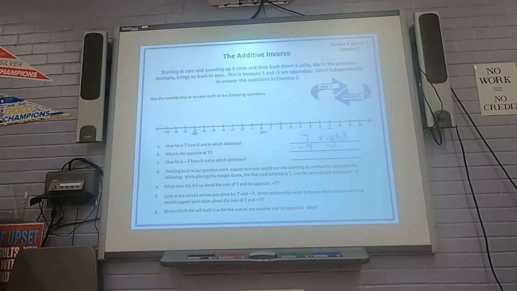Here's -7, here's 0. So how far is -7 from 0? 1, 2, 3, 4, 5, 6. It's 7 from 0. And in what direction? So if I went to 0, -7 would be 7 to the left.